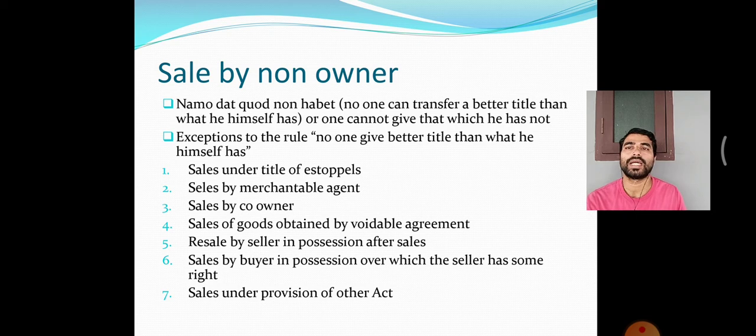It means one cannot give that which he has not. Whatever you don't have, you cannot transfer.